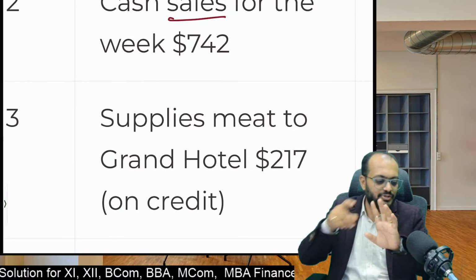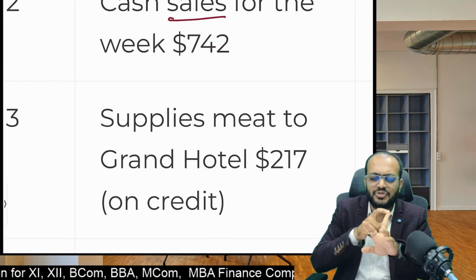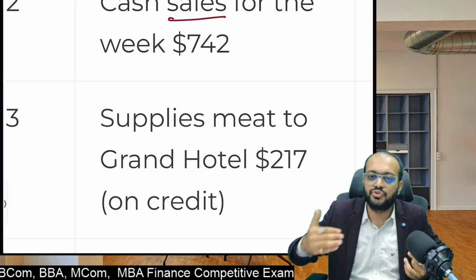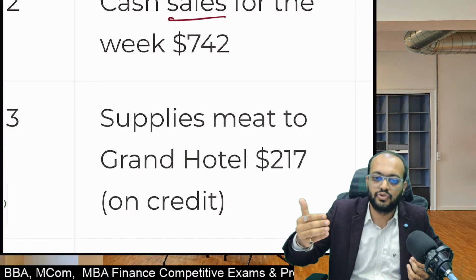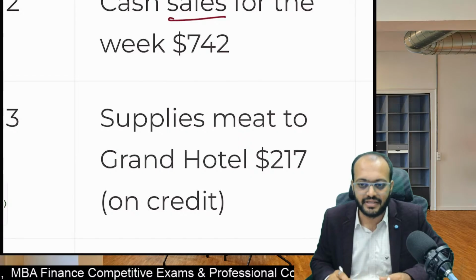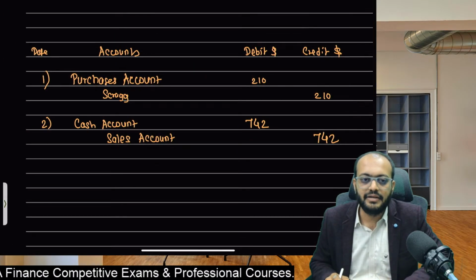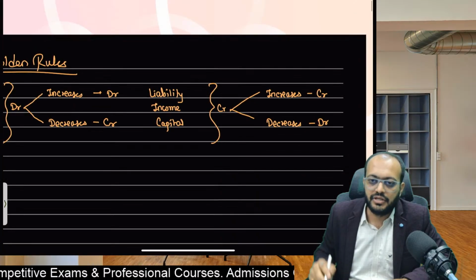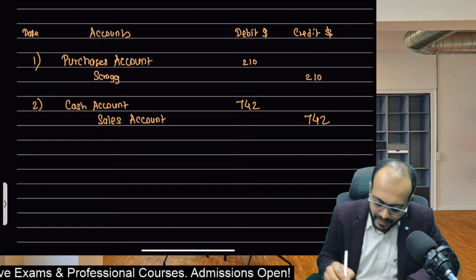We have to use either the purchase account or the sales account. Since the transaction is related to supplying, that means we are selling this to Grand Hotel, right? So this is our income. Basically sales is our income, and if we are selling more goods, definitely our income increases, so income should be credited, that is the sales account should be credited.